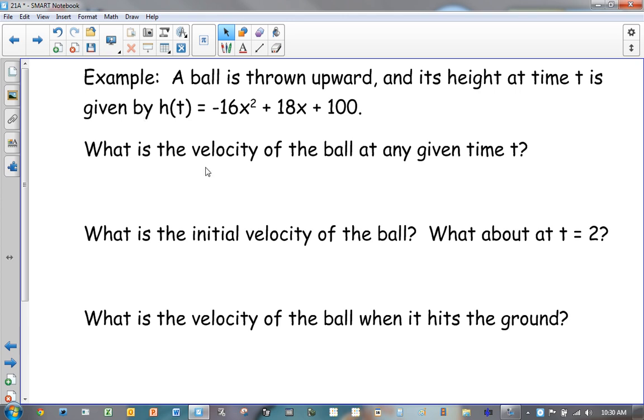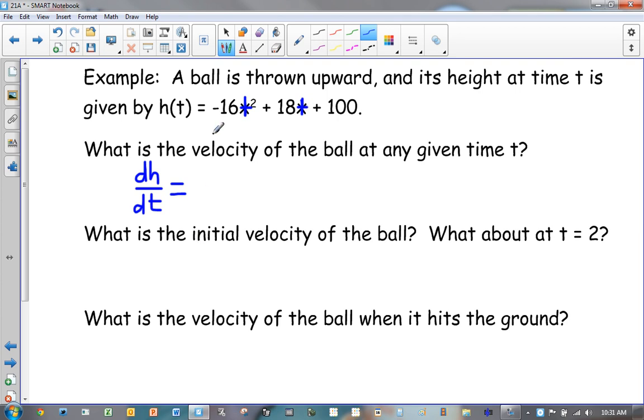So if I wanted to know the velocity of the ball at any given time, well, that's change in height for any change in time. So that would be dh dt. I could also write that as h prime of t. It means the same thing. So dh dt equals the derivative of h, where t is the variable. Made a lot of mistakes on this one, but you get the idea.